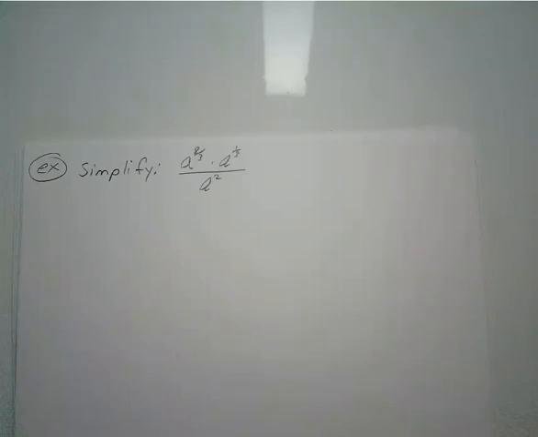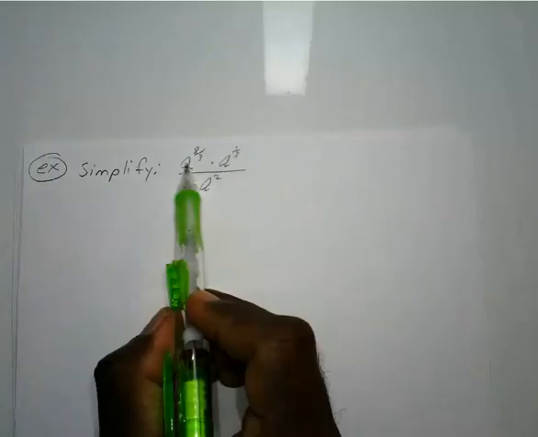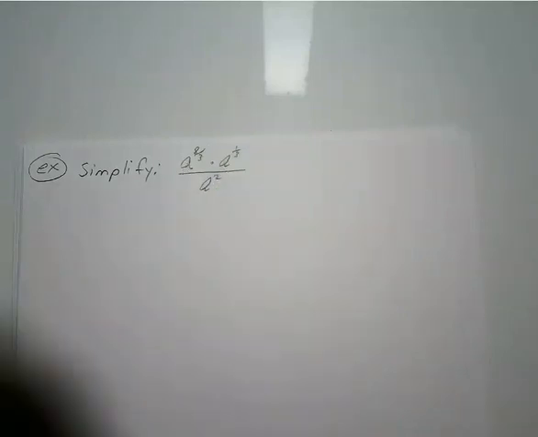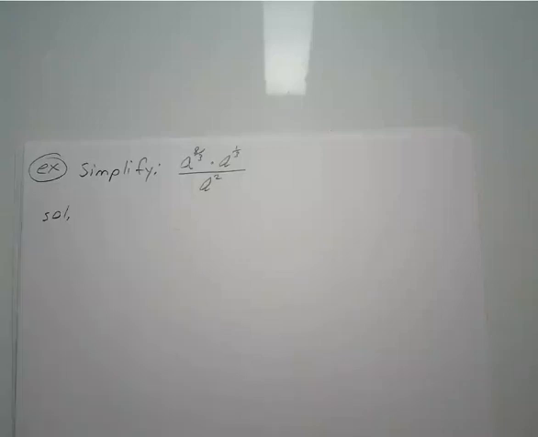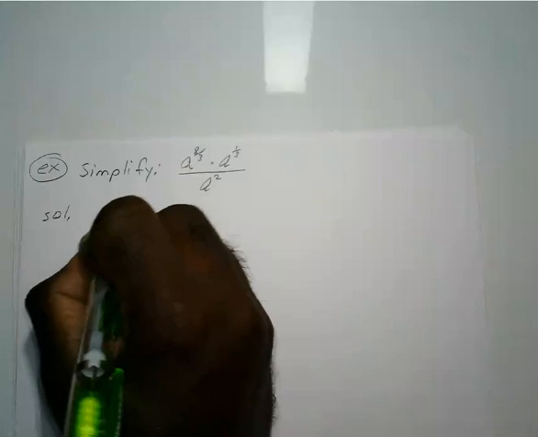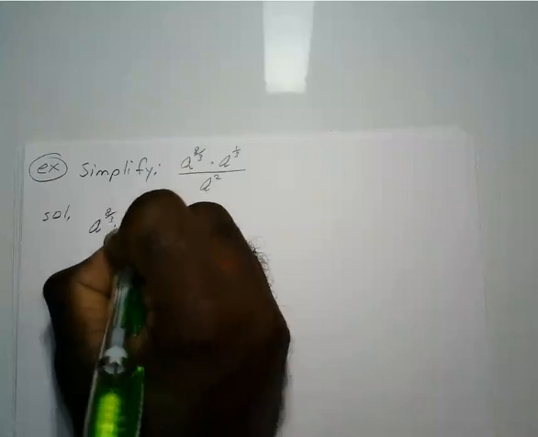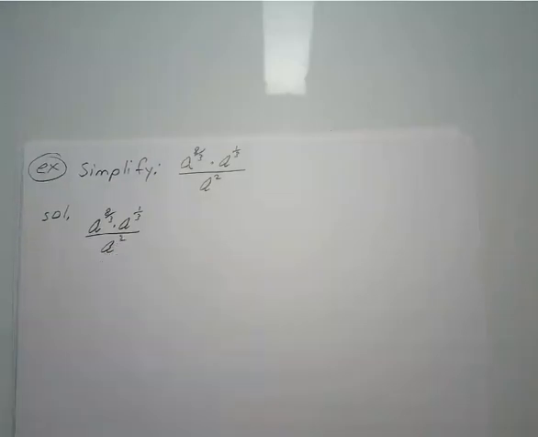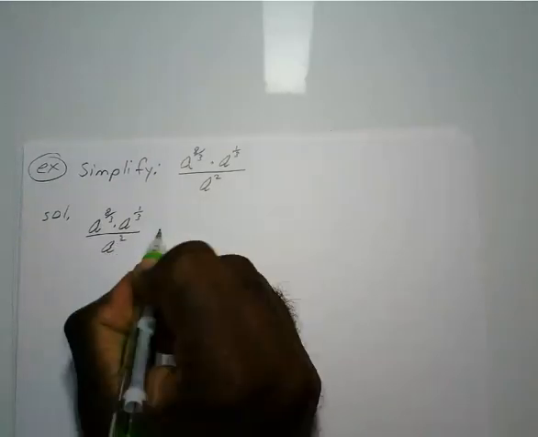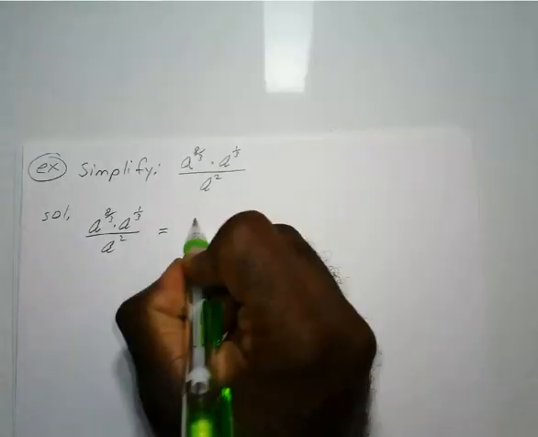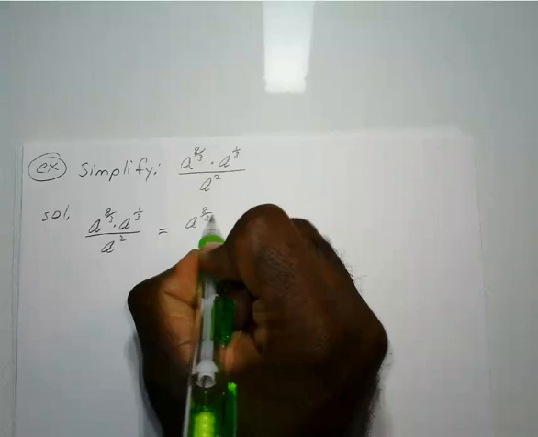Okay. Now, since this is multiplied, you go ahead and use our product rule for exponents. So if we have a to the 8/3 power times a to the 1/3 power over a squared, that's just going to equal a to the 8/3 plus 1/3 over a squared.